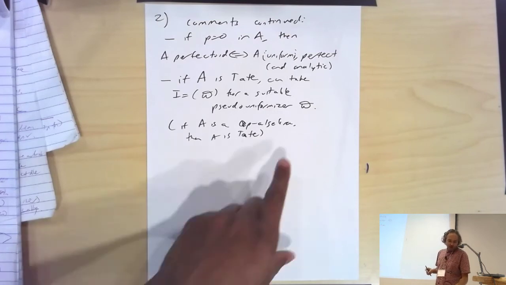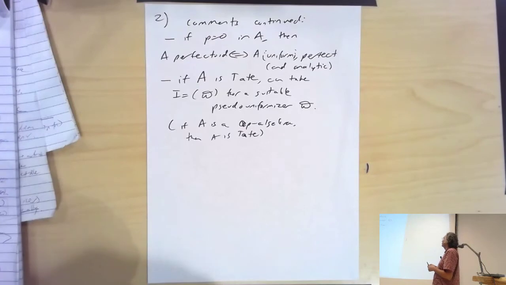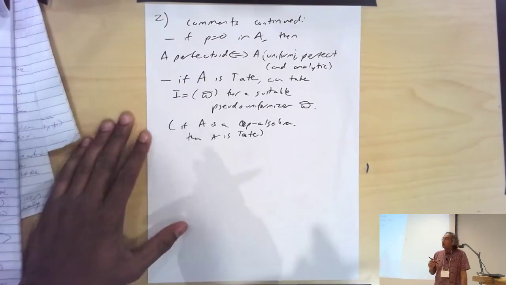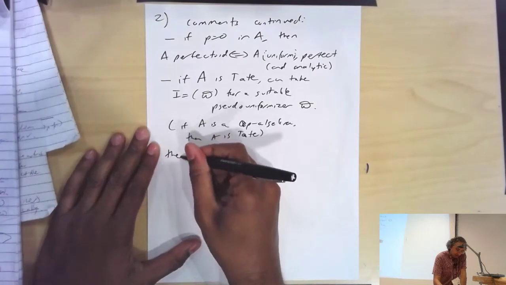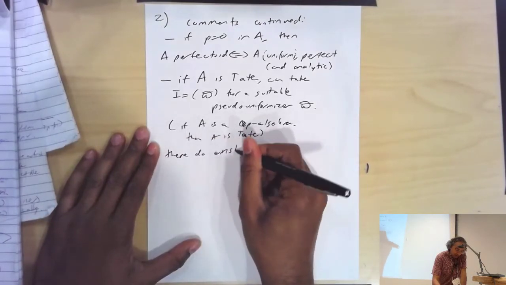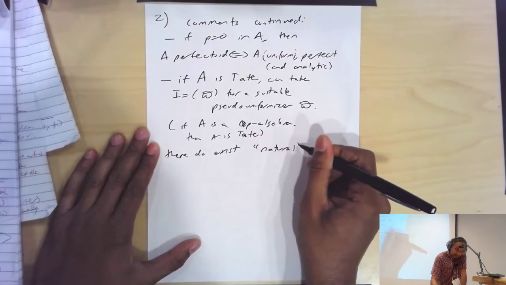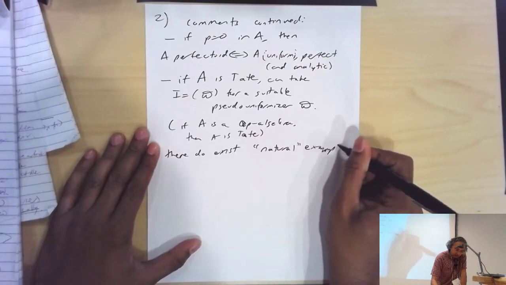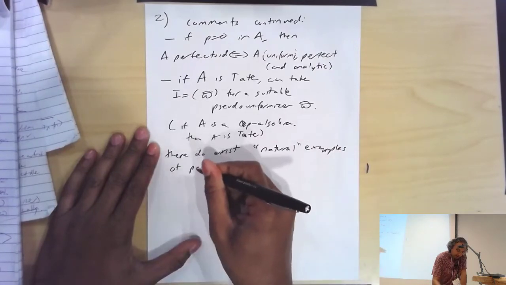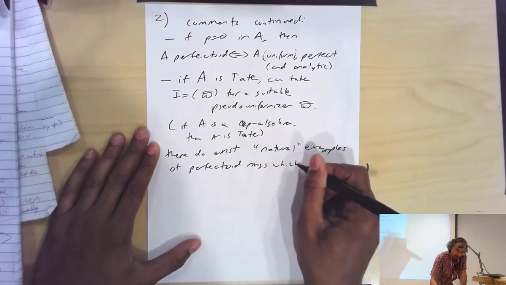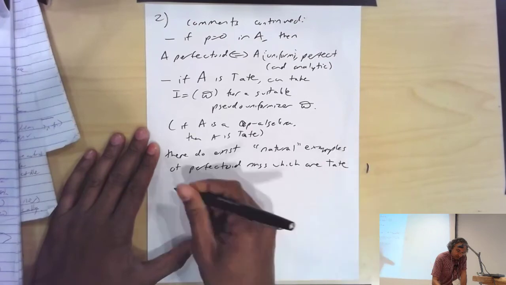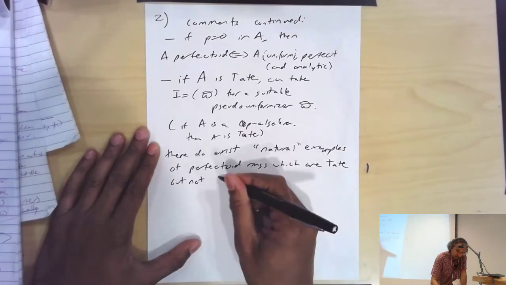So, for example, when I was initially doing this work with Liu, we were interested just in the cases of Q_p-algebras, and so everything was naturally going to be Tate. I should just mention there do exist, so to speak, natural examples of perfectoid rings which are Tate but not Q_p-algebras.